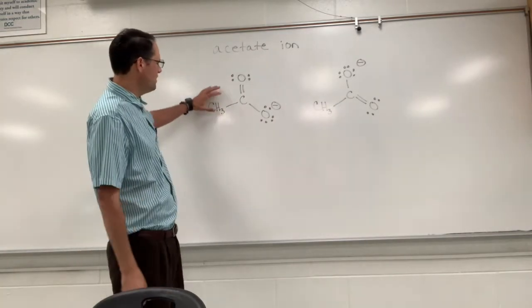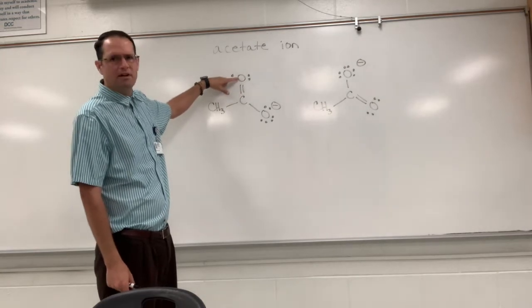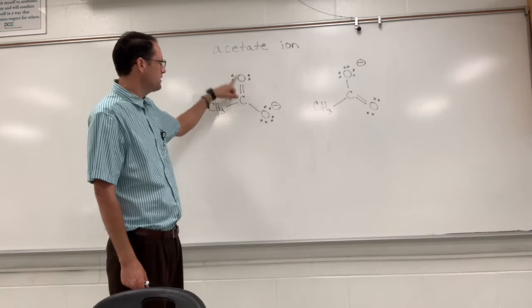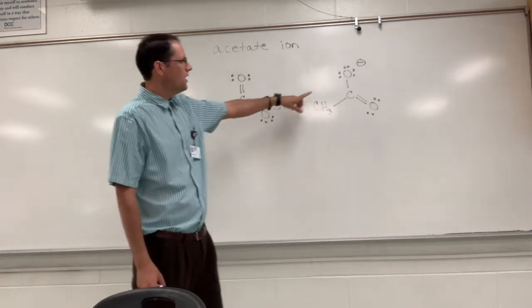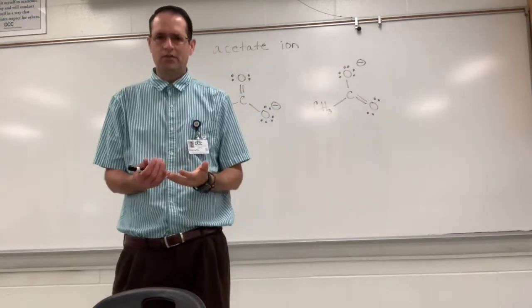When you're positioning things, you can make this oxygen pointing up a double bond, and this one have another additional lone pair compared to that one, and a negative charge. Or you can put the negative formal charge on the top oxygen and the double bond somewhere else.